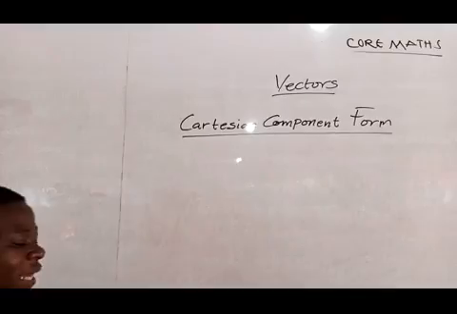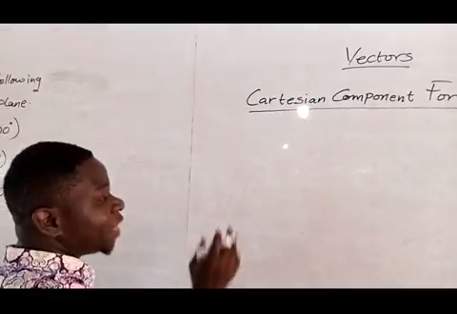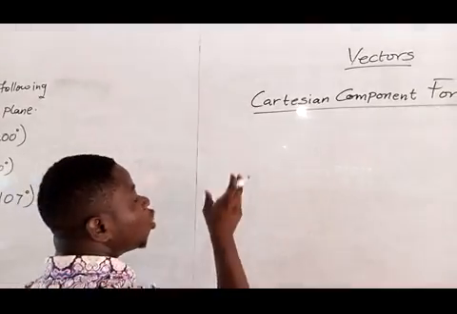When we are talking about the Cartesian component form, we are actually talking about the vector form or the column form.